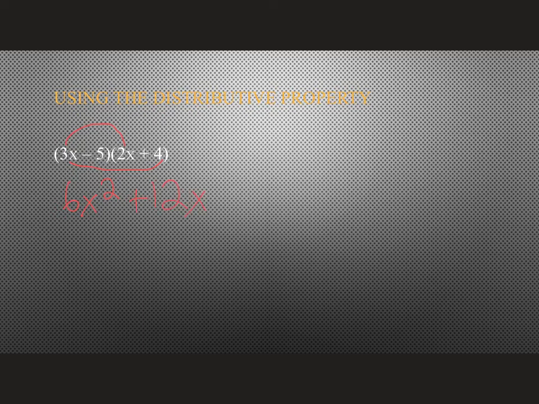Inside, which is going to be negative 5 times 2x, which gives me negative 10x. And then my last terms, negative 5 times positive 4, which gives me negative 20. Again, I'm going to combine my like terms. I get 6x squared plus 2x minus 20. Not that hard to do.